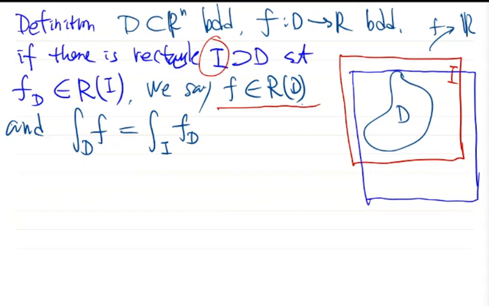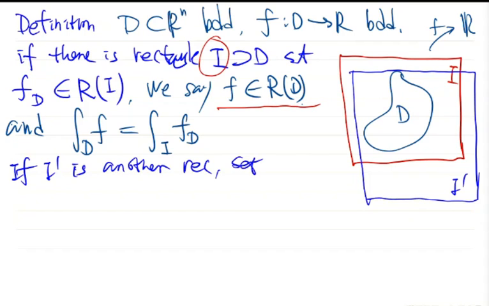Okay. So to justify this definition, we still need to verify that if I prime, that is I prime here, is another rectangle, then we set J to be the intersection of I and I prime.